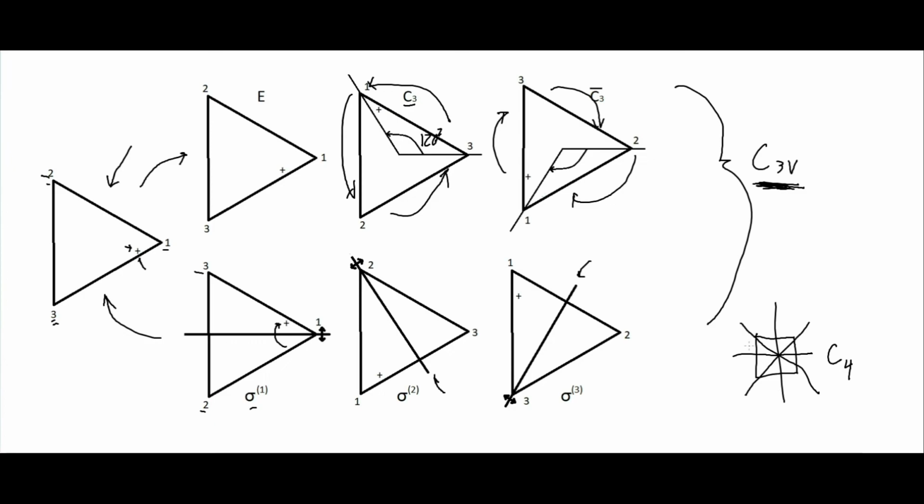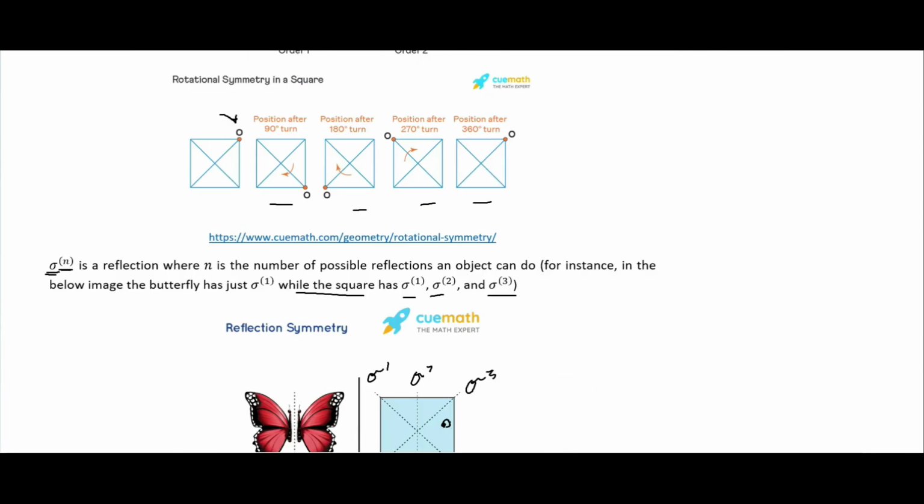But like I said, I'm going to be talking with generalities a lot, but then I want to try and tie things together using this C3V particular symmetry group in order to make things more concrete for you. But anyway, I think that was everything I wanted to talk about in this video.